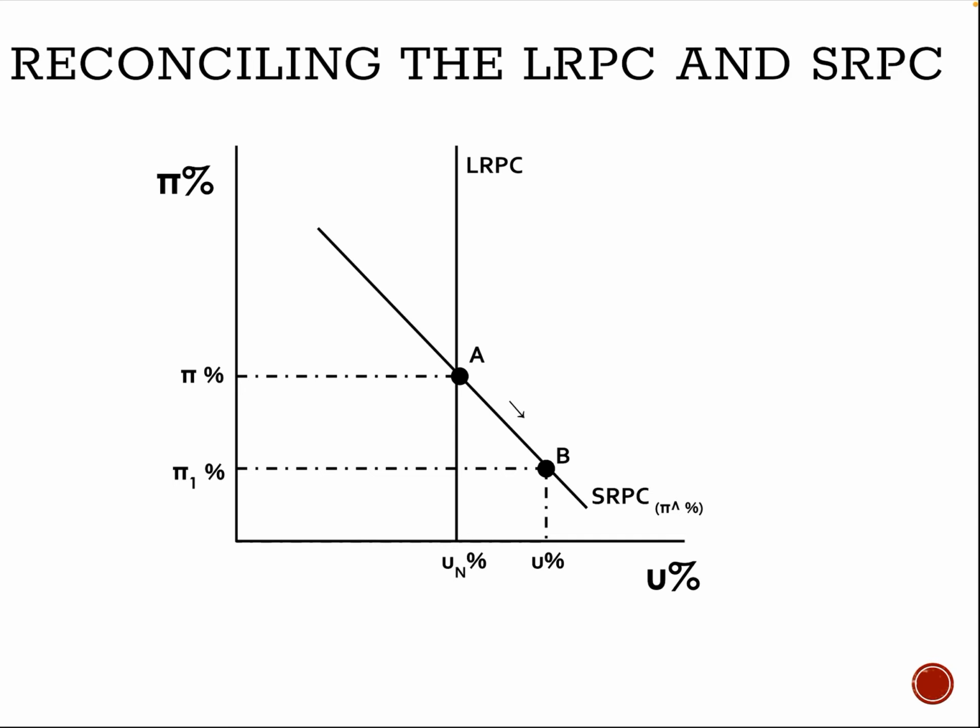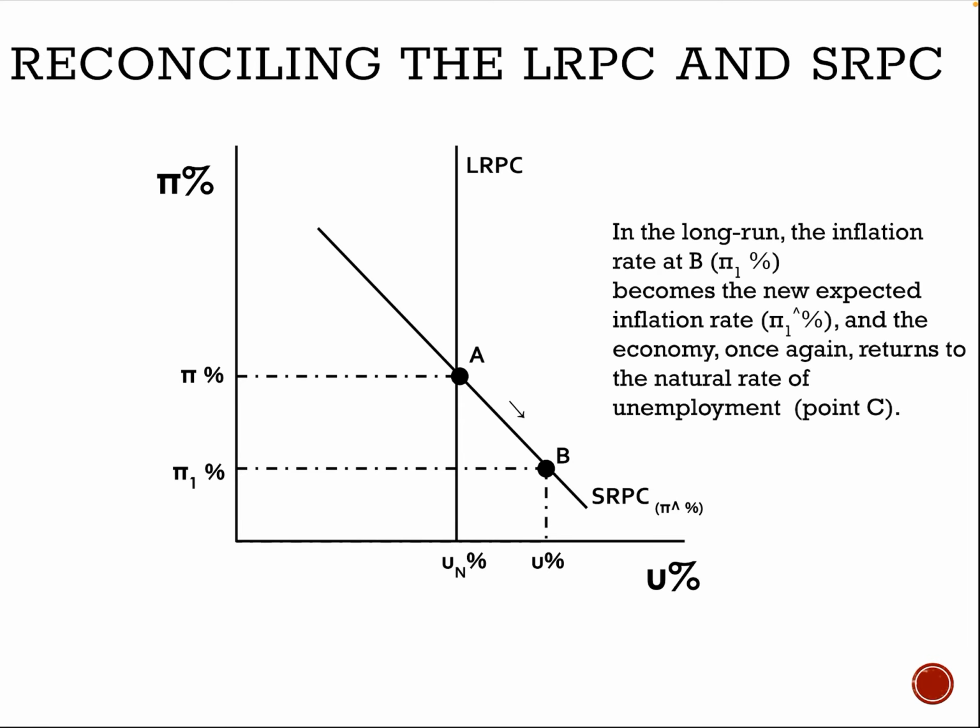So at pi 1, this new lower inflation rate becomes the experience of today and the expectation for tomorrow. And if we follow this through, we notice that in the long run, we'll move back to the natural rate of unemployment or full employment output at the new lower inflation rate, pi 1.